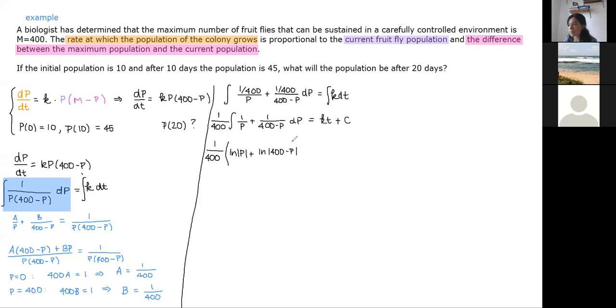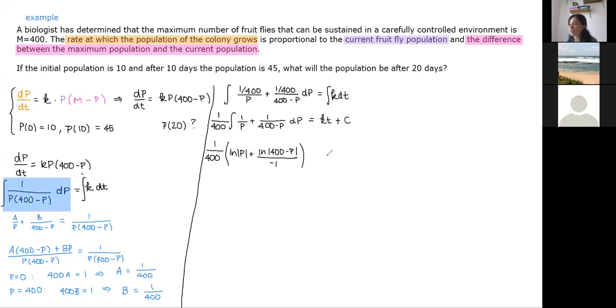But there's a catch. The 400 minus p over here was an inside function, a linear inside function, which means that once I integrated, I need to divide by the constant that would have come out when this was differentiated, right? So here, the constant that's multiplying the p is -1, and so that means that when I integrate, I'm going to have to divide by -1.